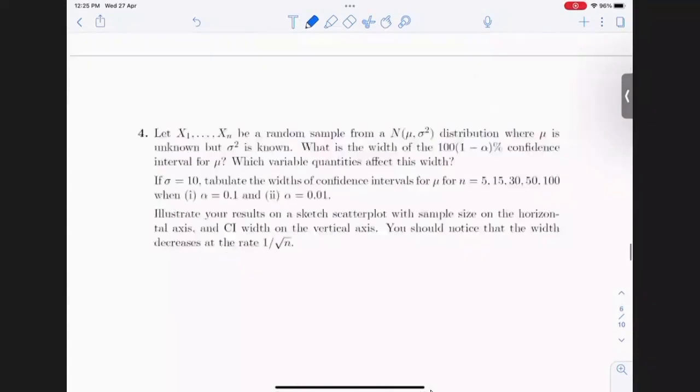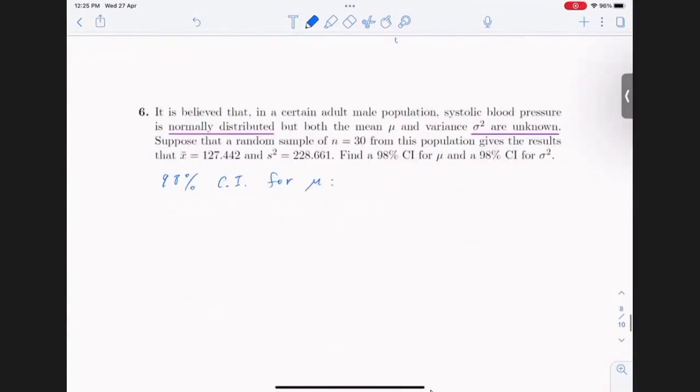We start with the confidence interval of the population mean. In this formula, we already have the sample mean, which is given as 127.442. We have the sample standard deviation because we are given the sample variance. The sample size is equal to 30, also stated in the question. So what we need is just the T quantile.